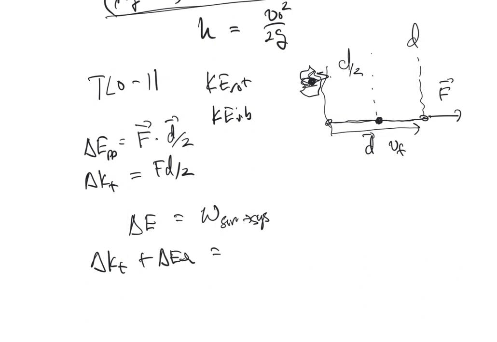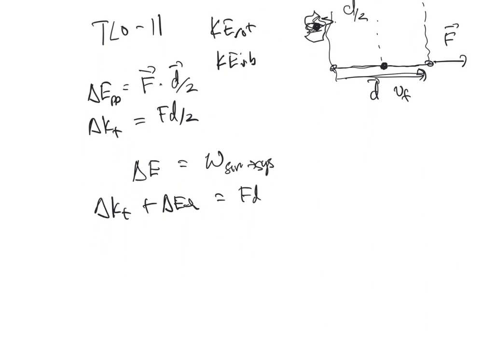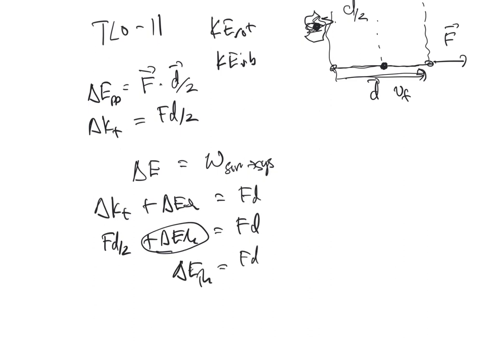And that's going to be equal to the work done by the force at the actual point of contact, which is going to be Fd, because the actual point of contact moves a distance d. And so we get the change in the translational kinetic energy we already figured out, Fd over 2. The change in the thermal energy is equal to Fd. So you can see that means the change in the thermal energy, delta E thermal, must be also Fd over 2.